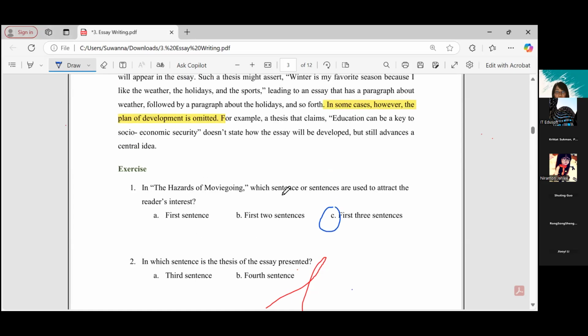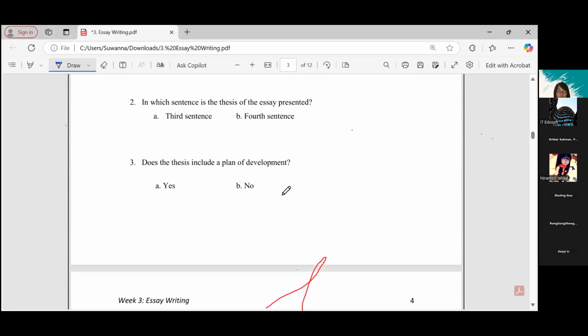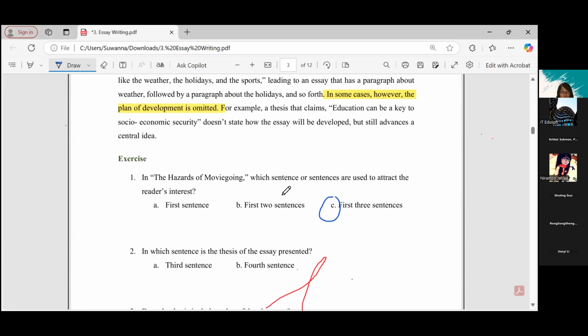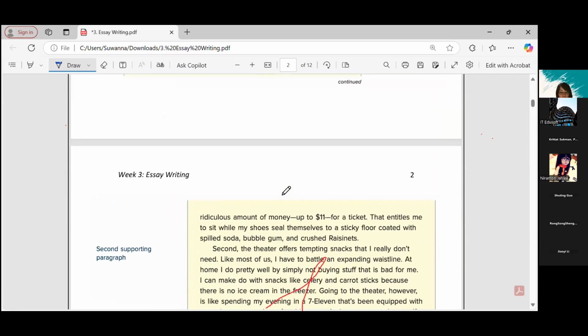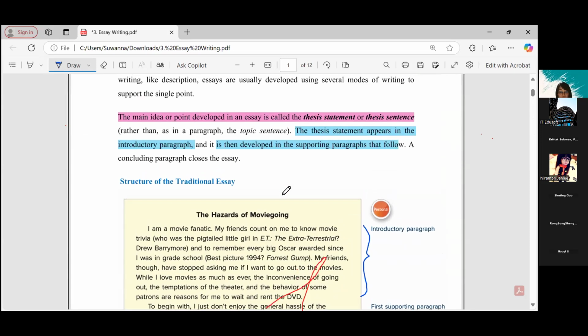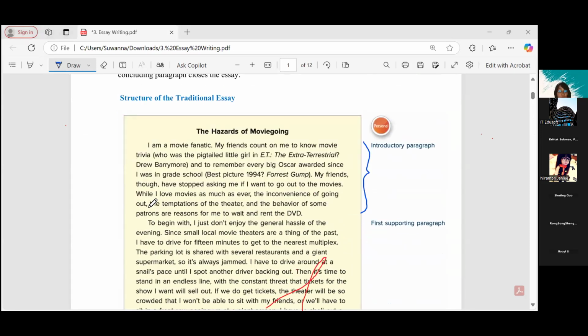Right, let me go back. The second question asks about the thesis statement, yeah? Again, let me remind you, the thesis statement is your central idea. It's the central idea of your entire essay.